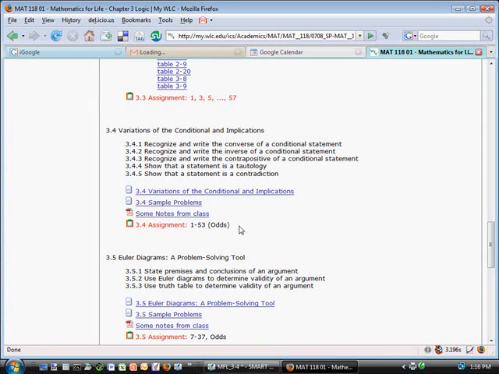I don't know why I have part of it red and part of it not, but 1 to 53 the odds. And on Friday we're heading for Euler diagrams. Thank you. See you on Friday.